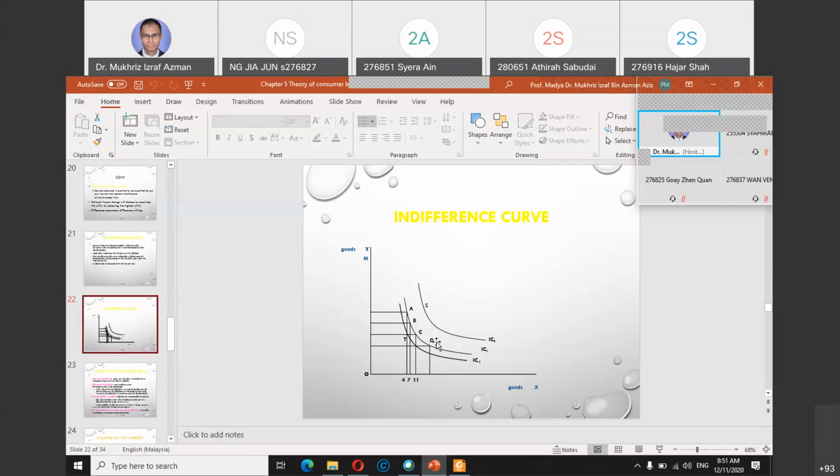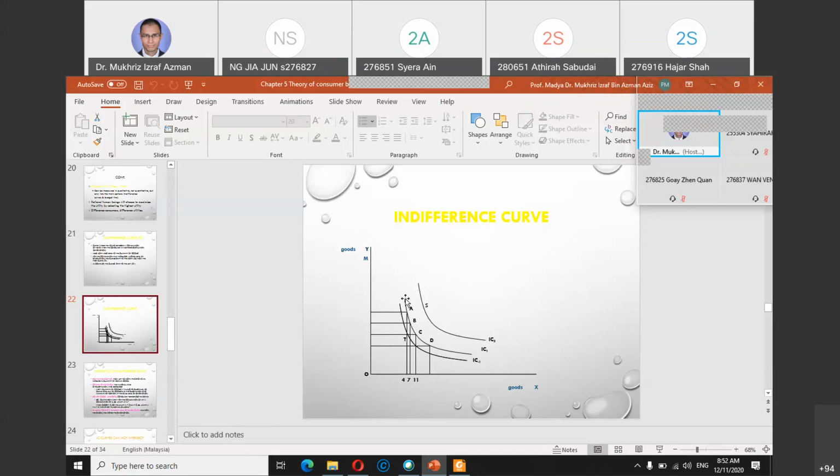So every point, A, B, C, D, gives you a different combination.